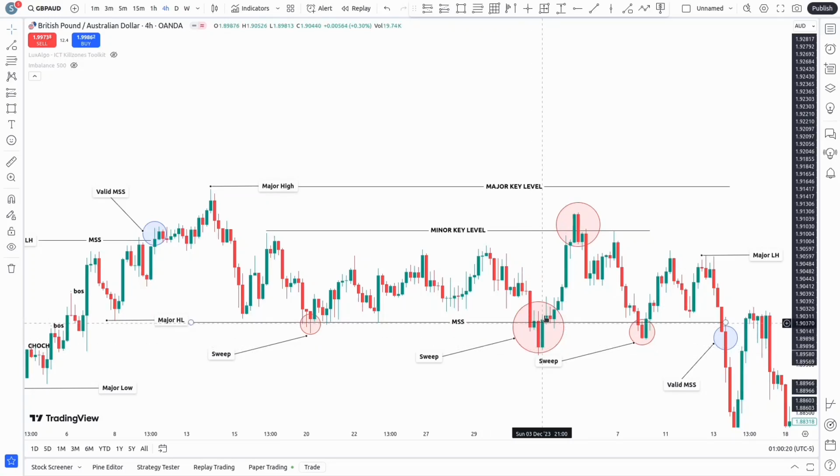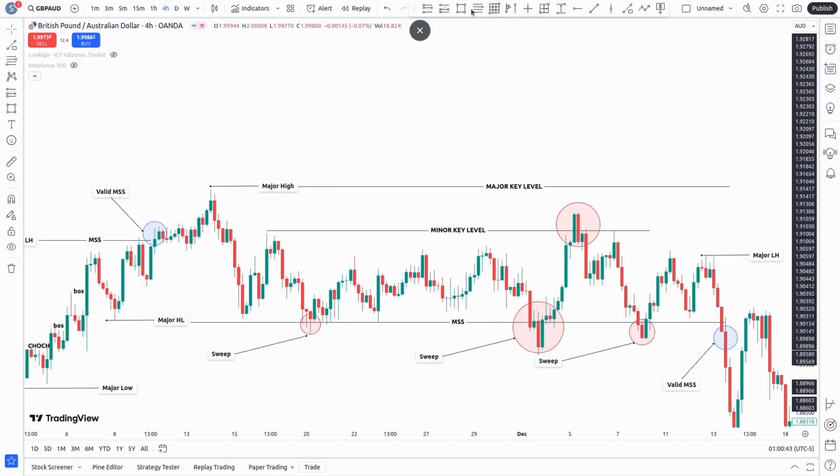Instead it moves back into this range and continues up. Then it goes to this level, sweeps liquidity, comes back to this level, and we experience the same thing. This candle closes here, but this candle moves back. This is also a liquidity sweep. It moves back, then continues until we have a valid market structure shift.